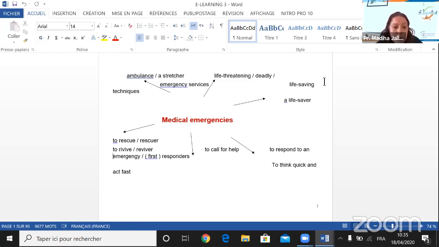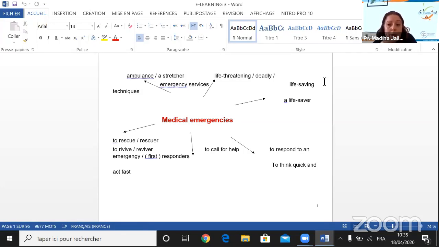Okay, so we also think, when we talk about medical emergencies, of the verb to respond to an emergency. When there is a medical emergency, you have to respond. How to respond to a medical emergency? You have to think quickly and act very fast.